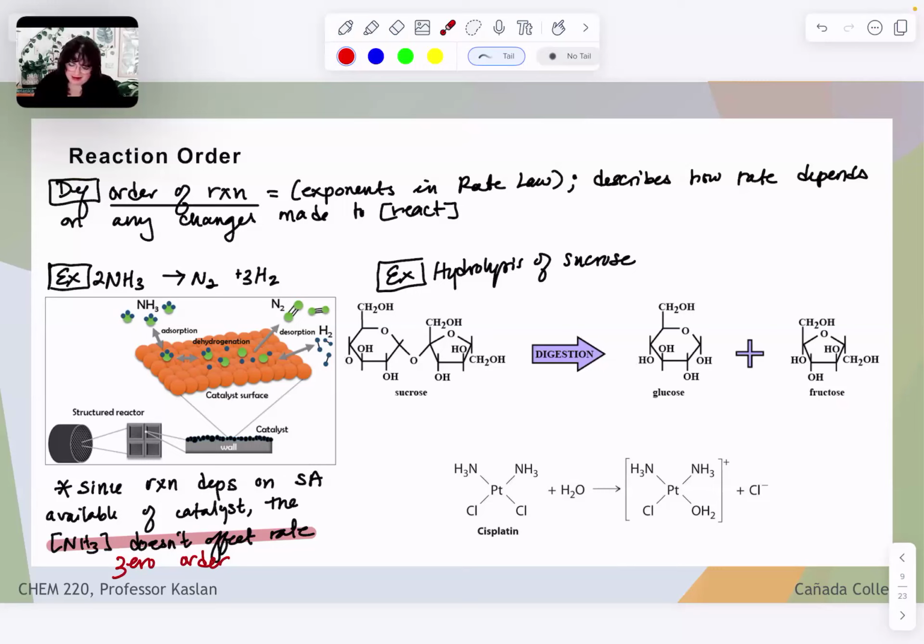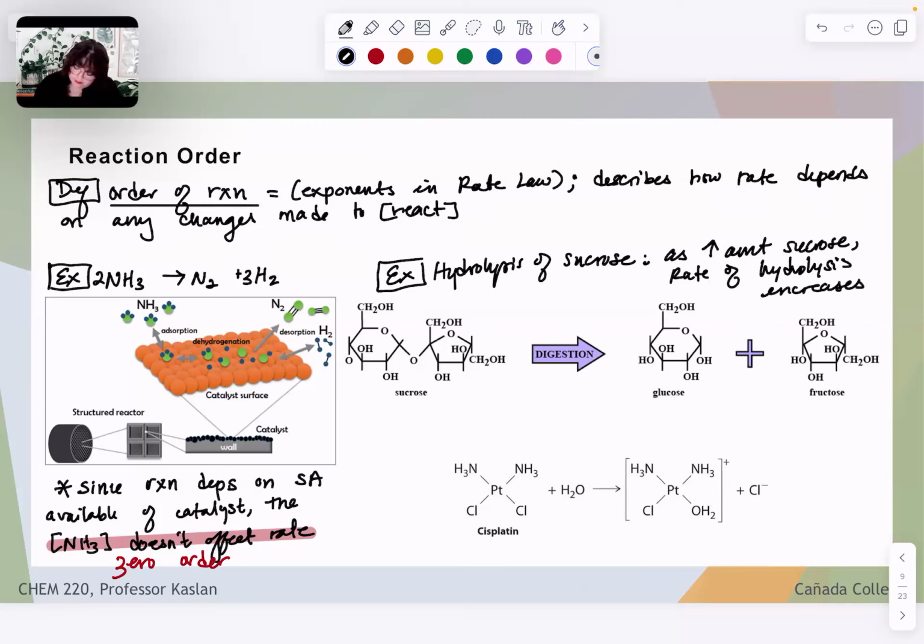And that kind of relationship is a direct proportionality. So we would say that as we increase the amount of sucrose, the rate of hydrolysis increases.